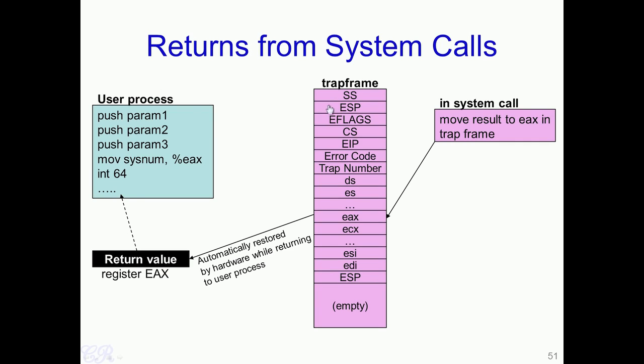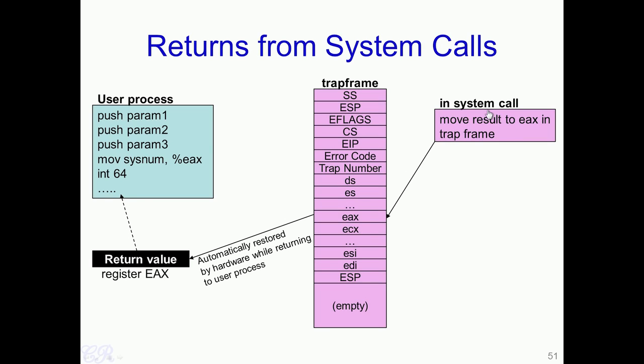Again, we recollect that the entire reason for creating this trap frame in the kernel stack for the process is that when the interrupt or the system call completes its execution, the entire state in the trap frame is restored back into the corresponding CPU registers, and this results in the user process continuing to execute from where it had stopped. The context of the user process is restored with the help of the trap frame.